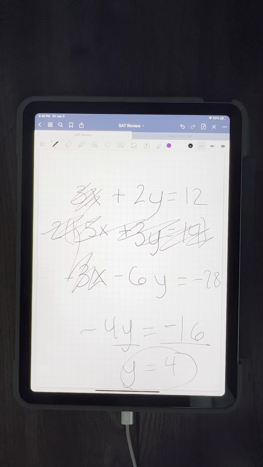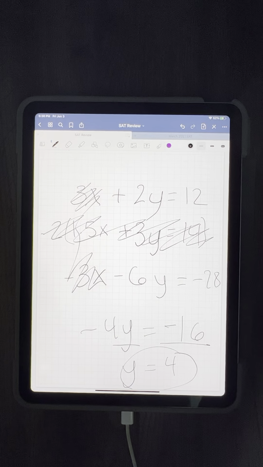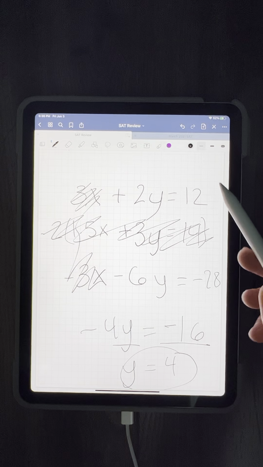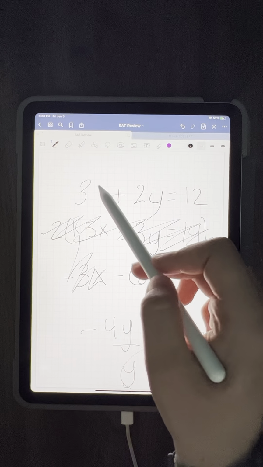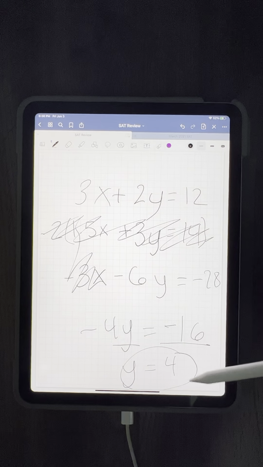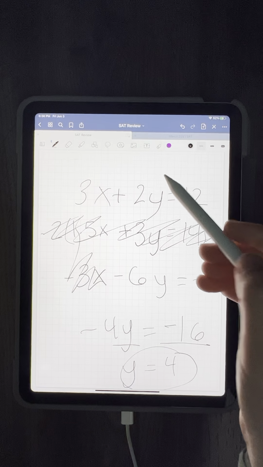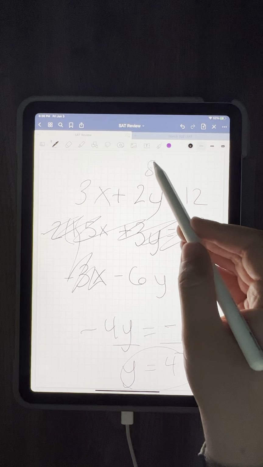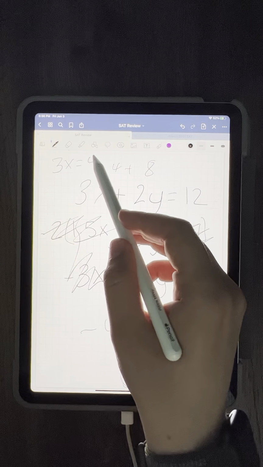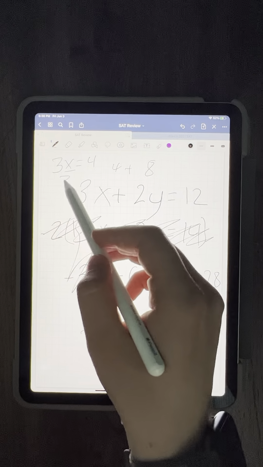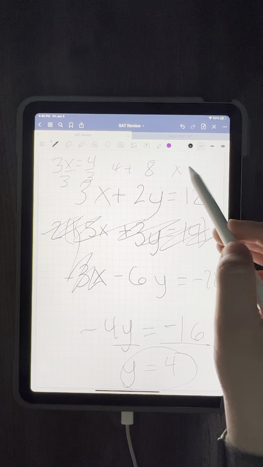And they might ask you for x. And if they do ask you for x, that's fine, because you just take that y equals 4, plug it in for your, let me write that again, 3x plus 2y. And if y equals 4, then this is going to equal 8 plus 4, 3x equals 4, divide that by 3, divide that by 3, x equals 4/3.